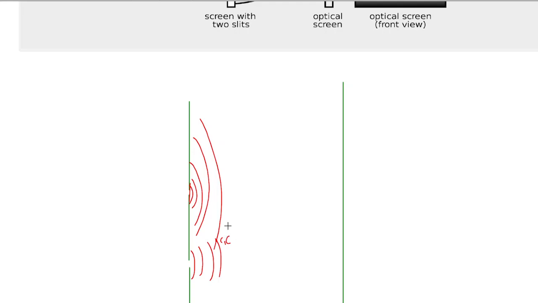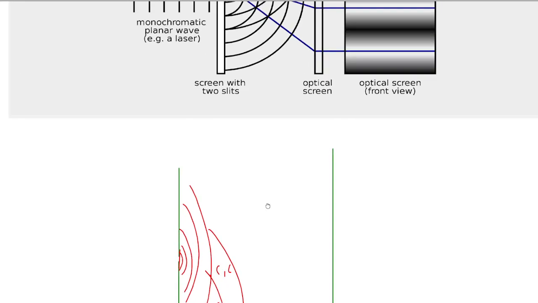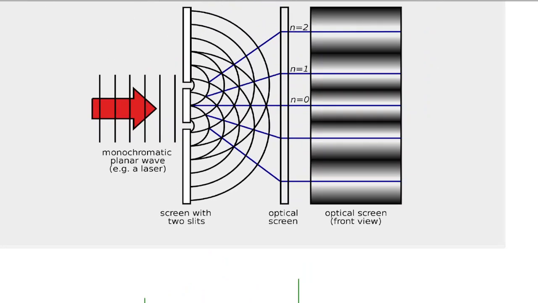Crest falls on crest, or crest falls on crest here. In those spaces, we get constructive interference. When crest falls on trough, we get destructive interference. As seen in this diagram, these are points where crest falls on crest. So if you draw the lines like this, these would be points where we get constructive interference. So we can understand the same thing in terms of wavefronts also.